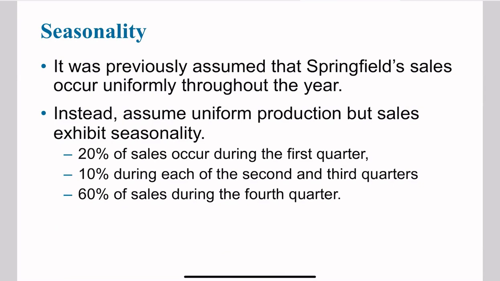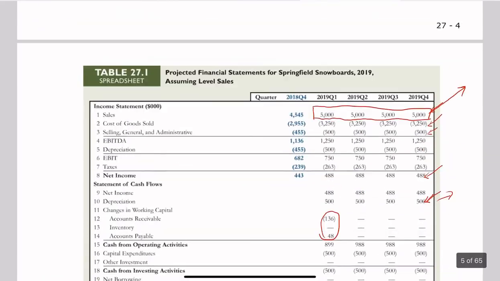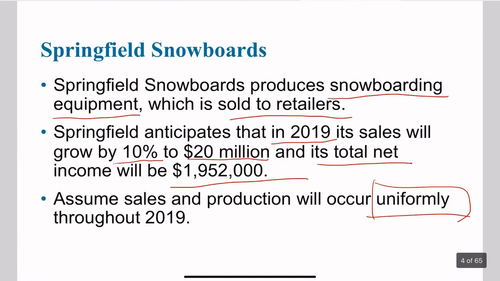So if you look at our model assumptions, we assumed this firm's sales occurred evenly across the year, and you can see that this is not true because this firm produces snowboarding equipment.